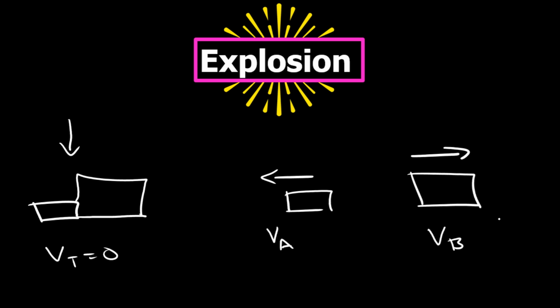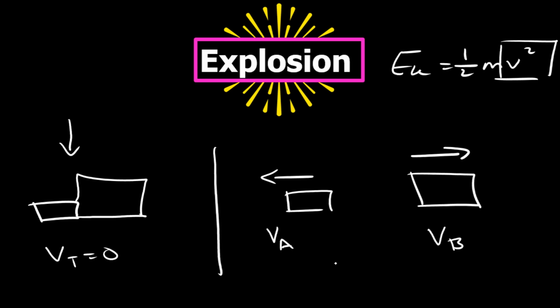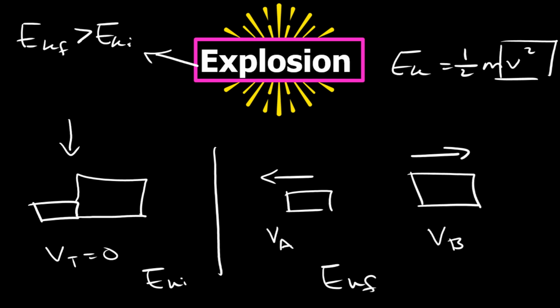However, we have to remember that kinetic energy is equal to half mv squared. Because there is a square contribution there, the final total kinetic energy will be bigger than the initial kinetic energy. So for an explosion, EKF will be bigger than EKI.